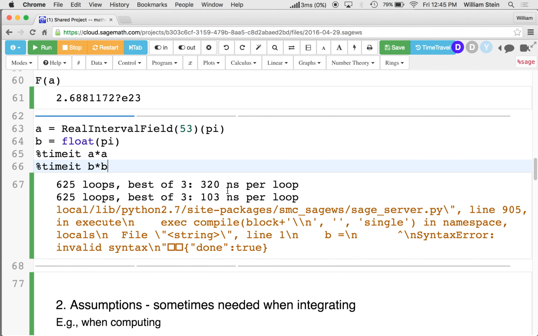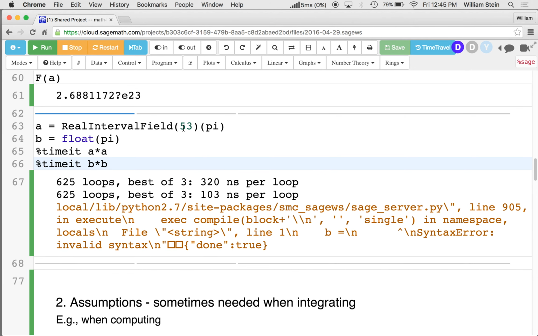And you can see that the real interval field multiplication is 320 nanoseconds per loop, whereas the floating point is 103 nanoseconds per loop. In other words, interval arithmetic is really, really fast in Sage.